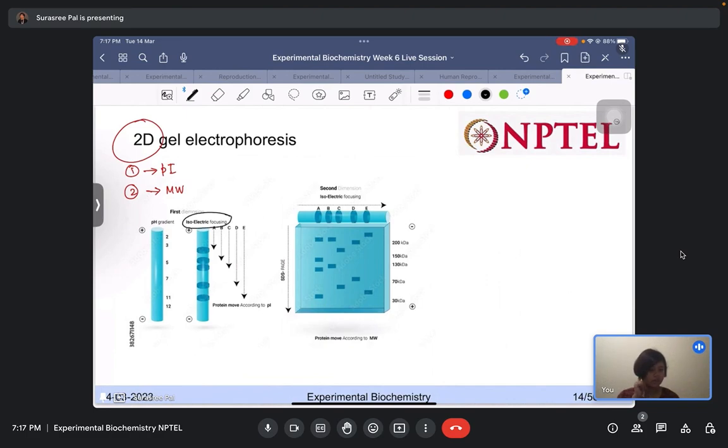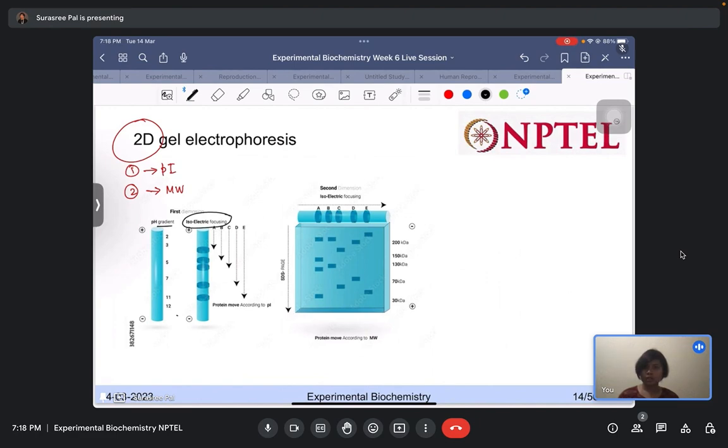Here we have a buffer or a column of pH gradient. From pH 2 to 12 this gradient is formed, and when we run the proteins in this pH gradient, which is the first dimension, the proteins will move according to their PI. So suppose a protein has a PI of 5.